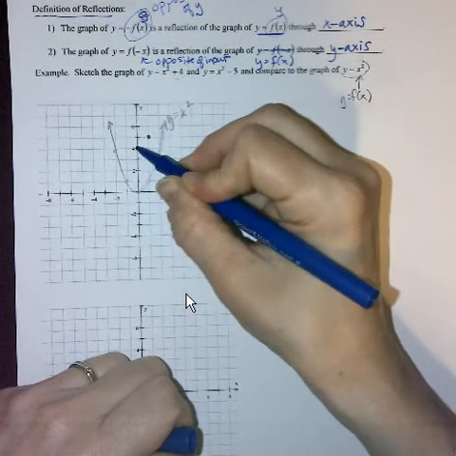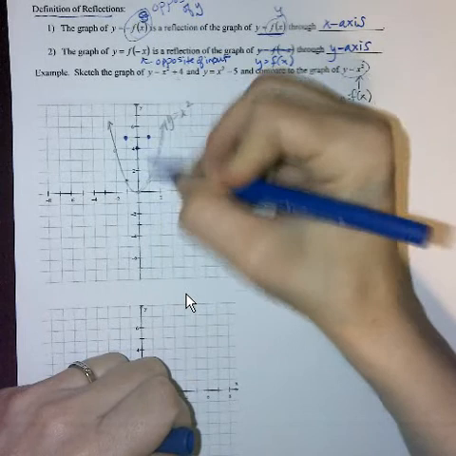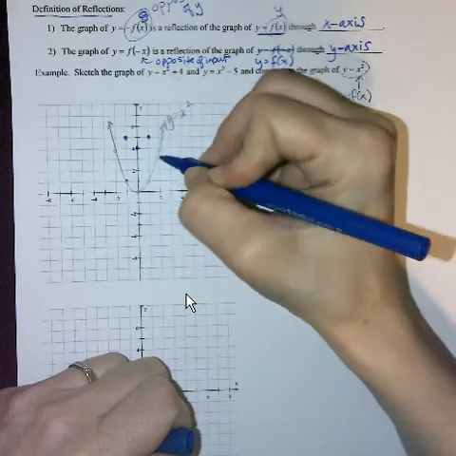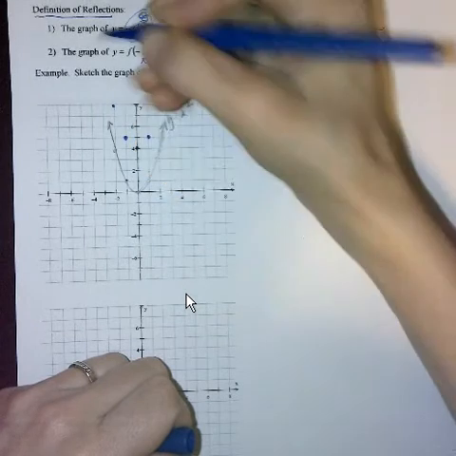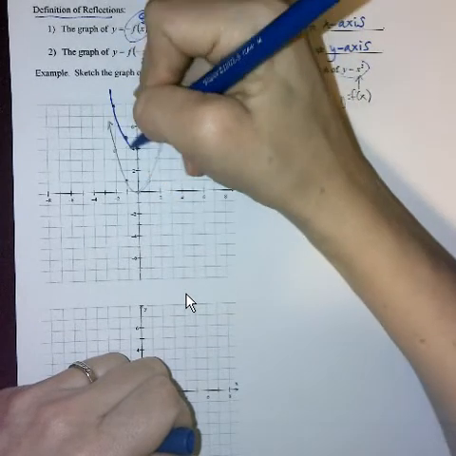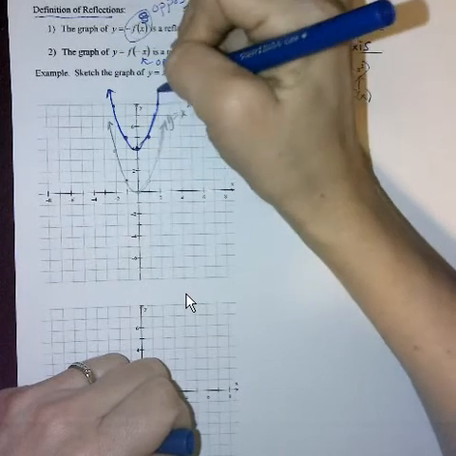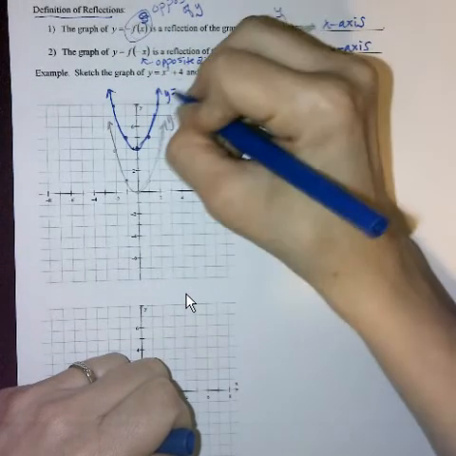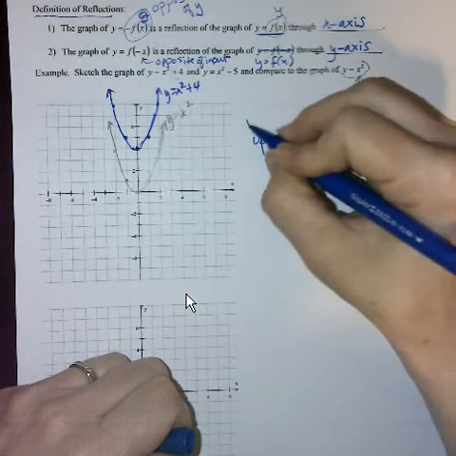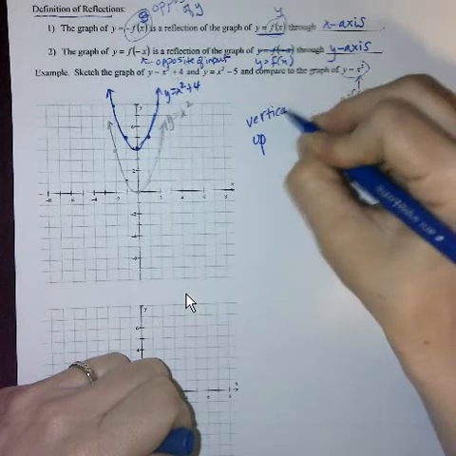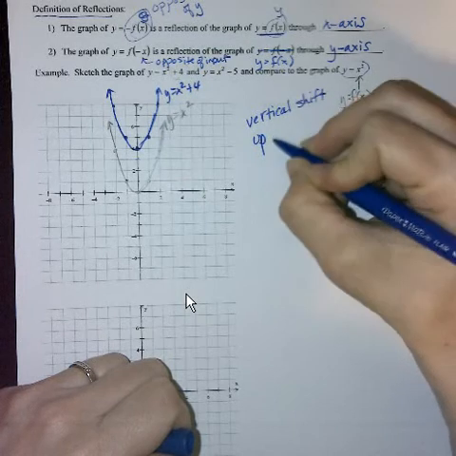And so all of these original y's, 2, 3, 4, are just going to be shifted up 4 units. That's going to come here. That one's going to come here. It doesn't change the shape at all. It's still the same shape. It's just shifted up vertically. Up 4 units.